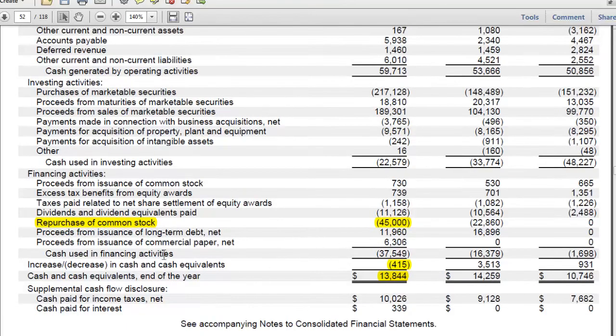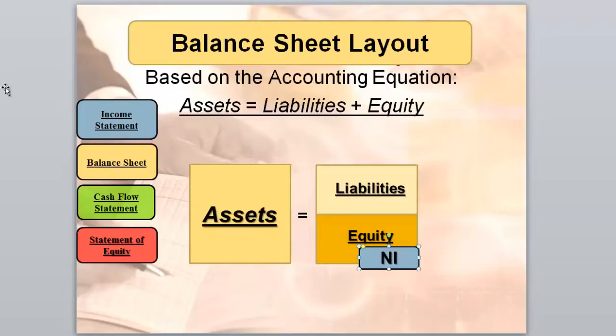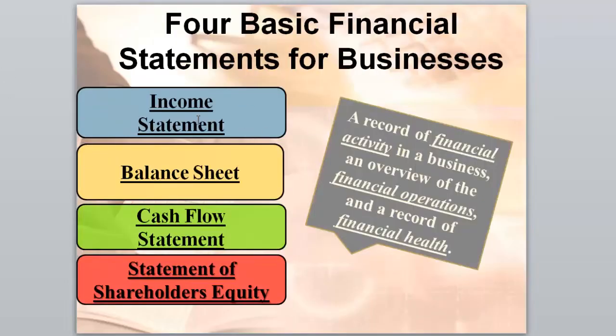So by looking at the financial statements, it basically gives you an overview of the health of a company. You look at their income statement to see how profitable they are for the year, how well their operations are running. Their balance sheet's kind of like their overall health. How much cash do they have on hand? How healthy are they financially? The cash flow statement helps explain where the cash went for the year.